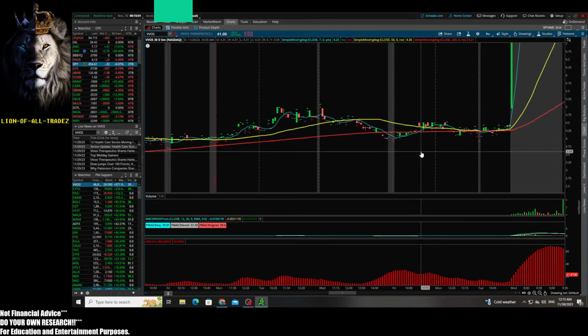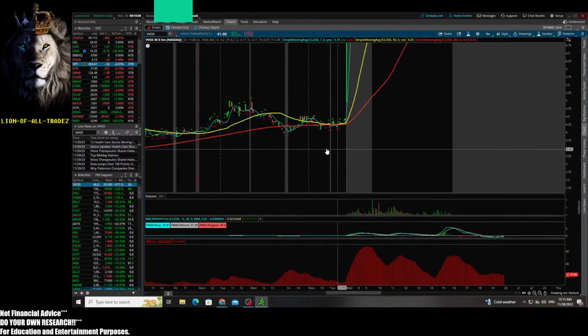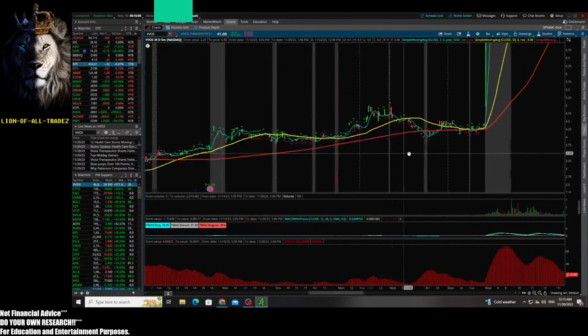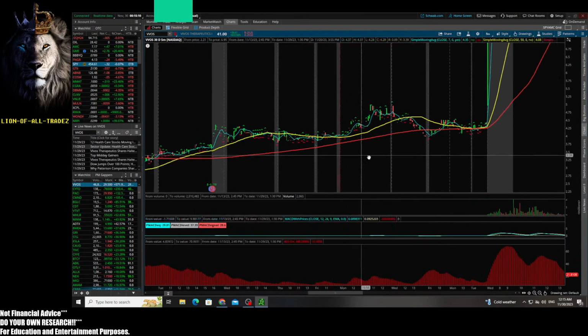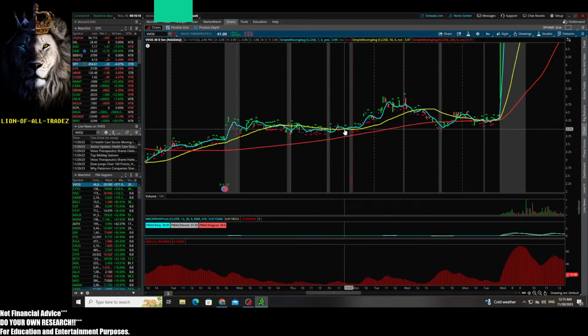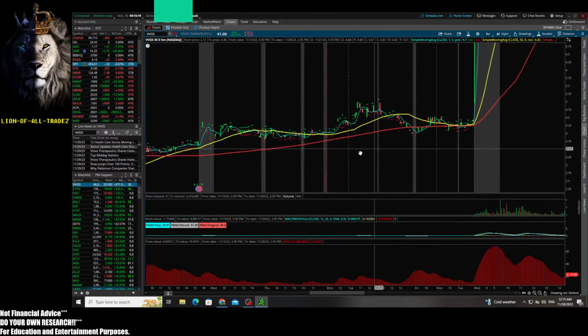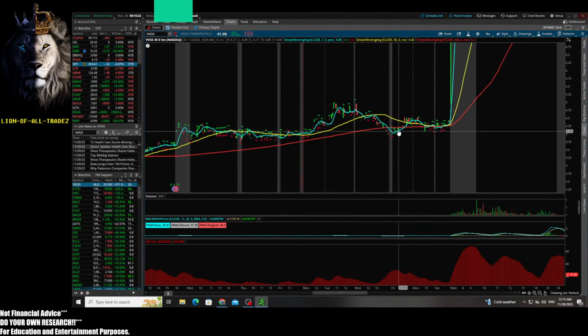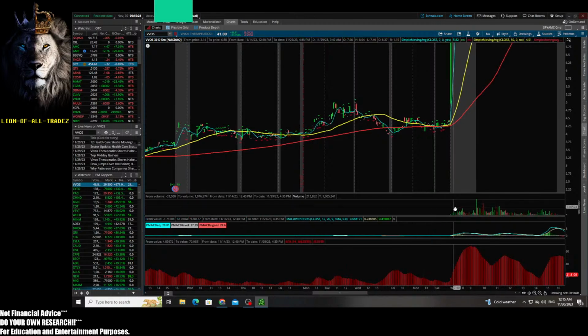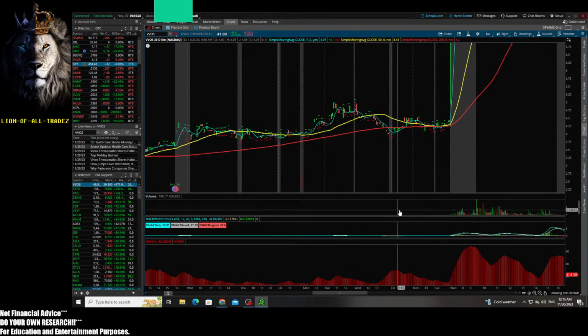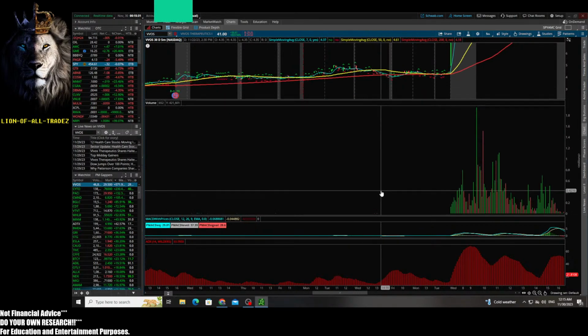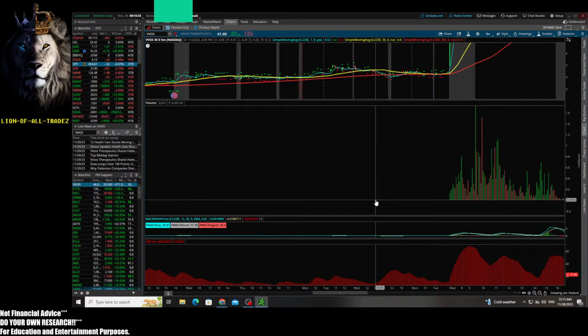You know, I notice when there's quiet activity in a stock like this, you see how everything is just close together, and there's little to no volume at all. Look at it, it's non-existent. You can't see, like, right here, these little dots of volume.